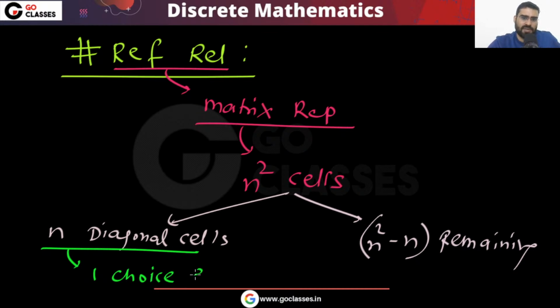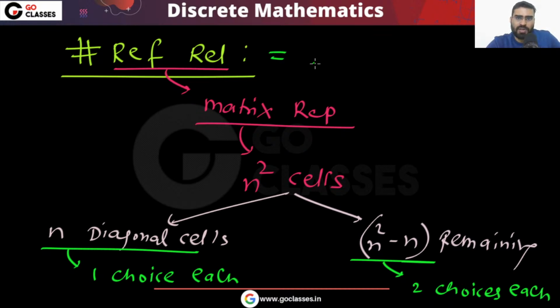For the remaining cells, you have two choices for each cell. So the number of reflexive relations will be 2 power n square minus n. This will be your final answer.